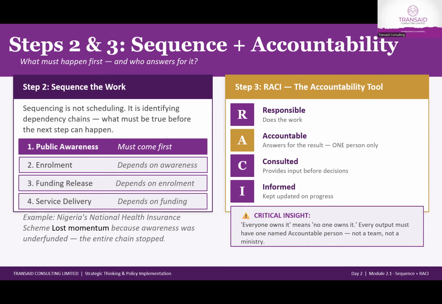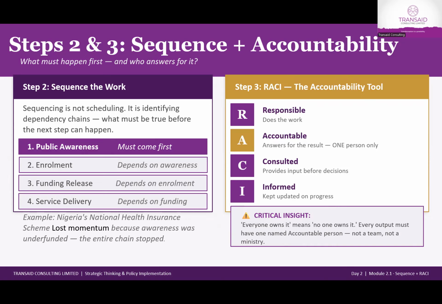And even if you capture some people that the government will have to pay for, but for lack of awareness, no funding to actually do that, the entire process just stagnated. So when you have clearly defined those 6 things, what is the problem you are addressing, the outcome, the input, and all of them, you come and sequence.